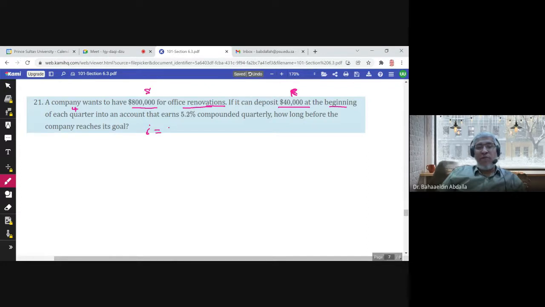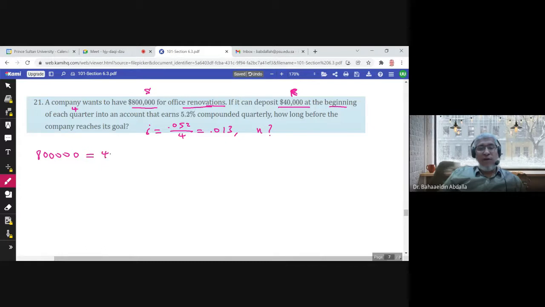So I is 0.052 divided by 4 quarterly, and this will give you 0.013. How long before the company reaches its goal? So the number of periods here is missing.